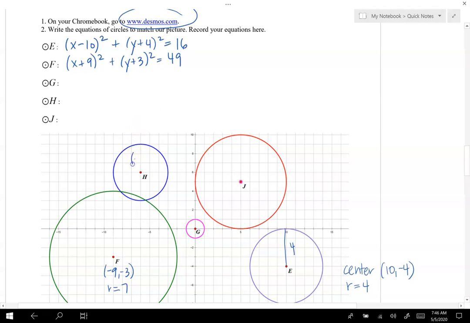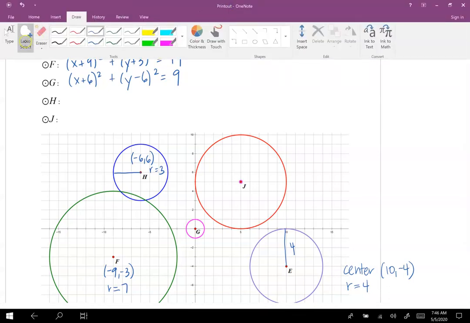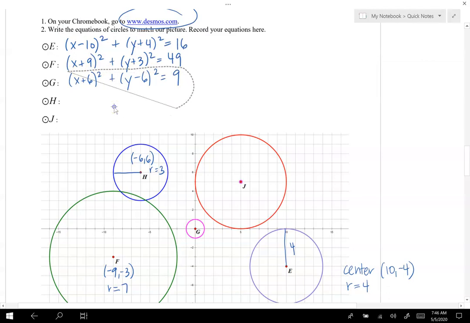Center is at -6, 6. Radius is, if I draw it out, 3. X plus 6 squared, y minus 6 squared, and then I square the radius, so it's 9. Oh, whoops, that's circle H. Hold on, let's move that over. That belongs here.